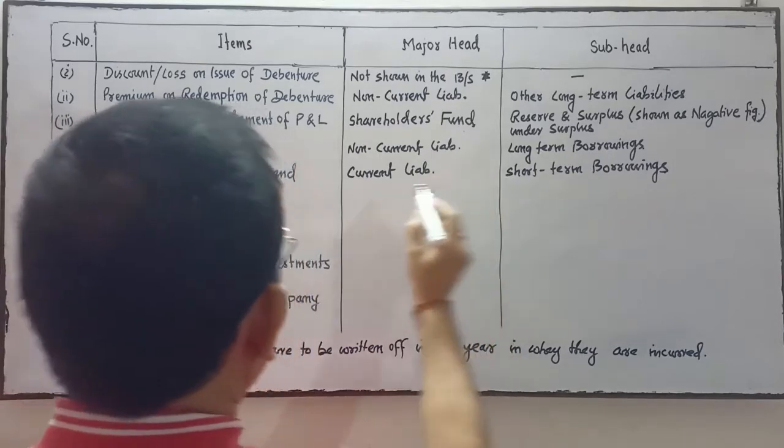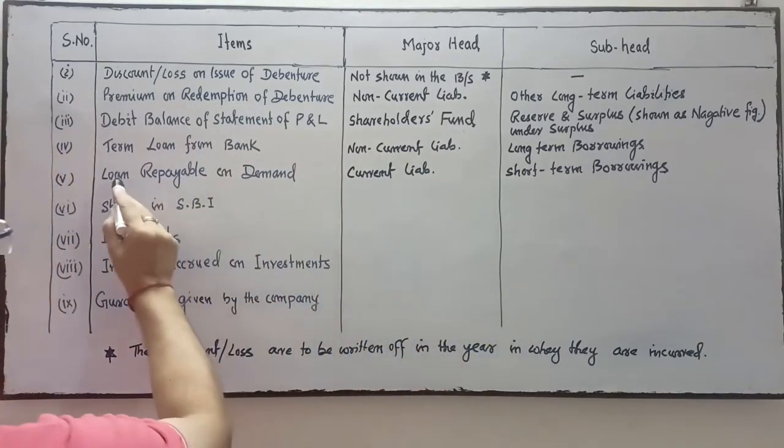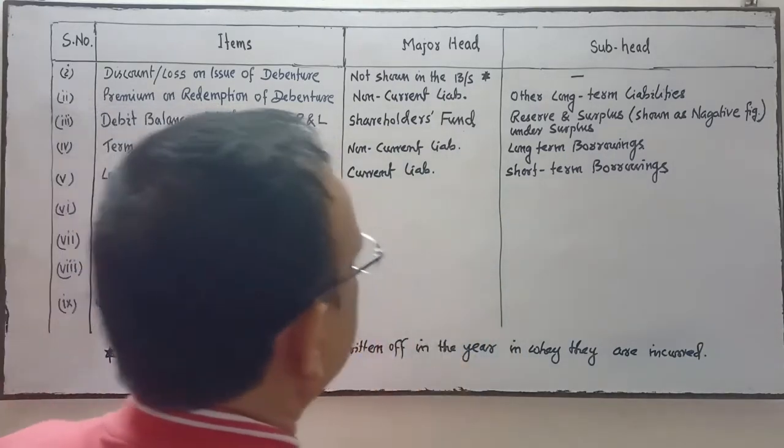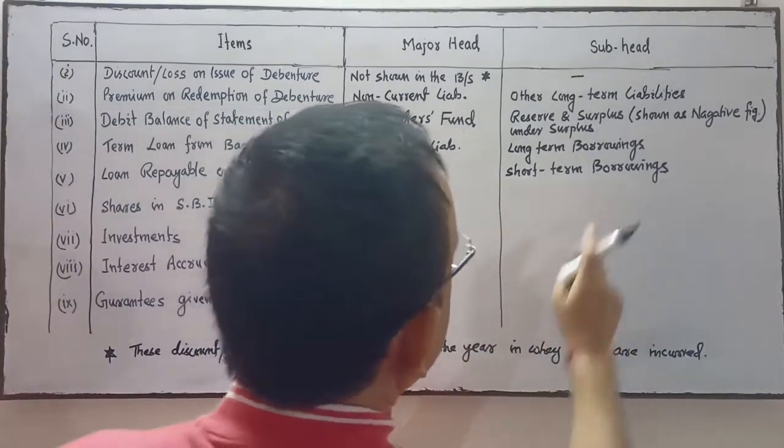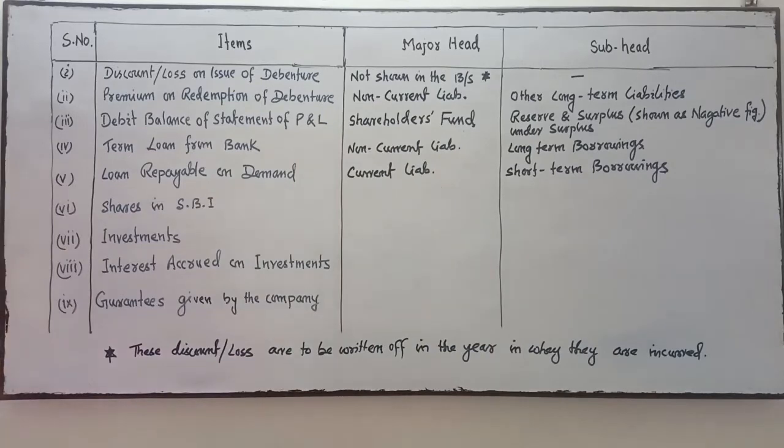Is it clear? Loan repayable on demand comes under the current liability, and the subheading is short-term borrowings.